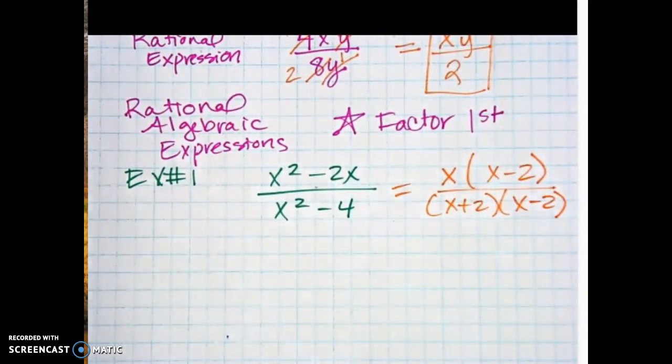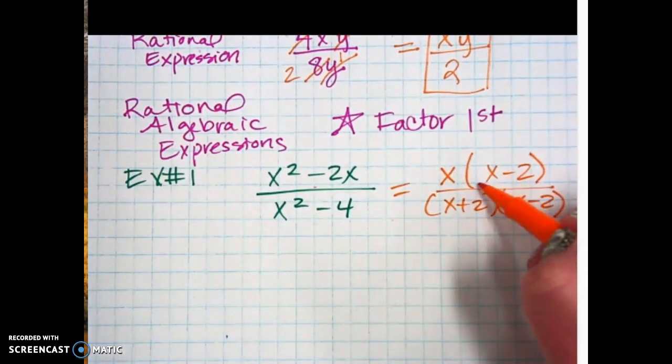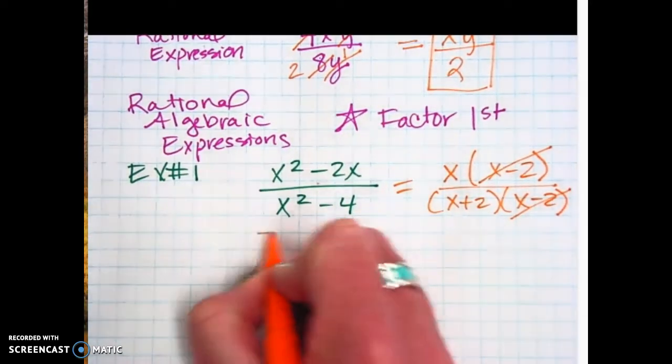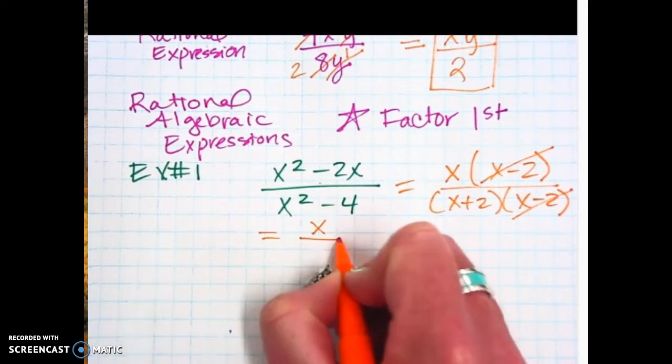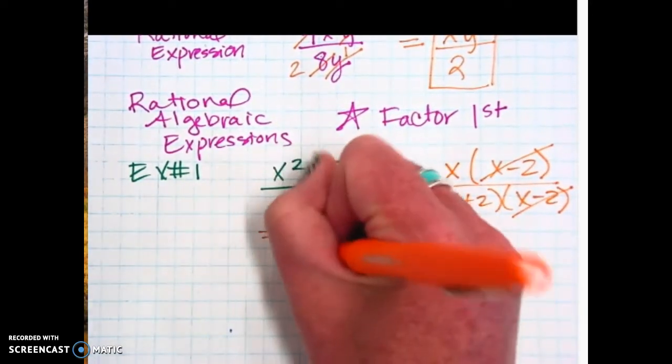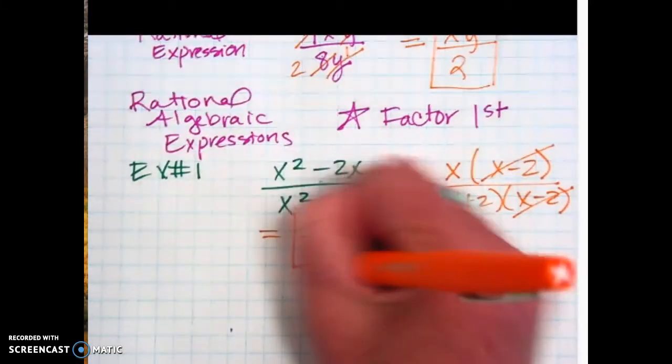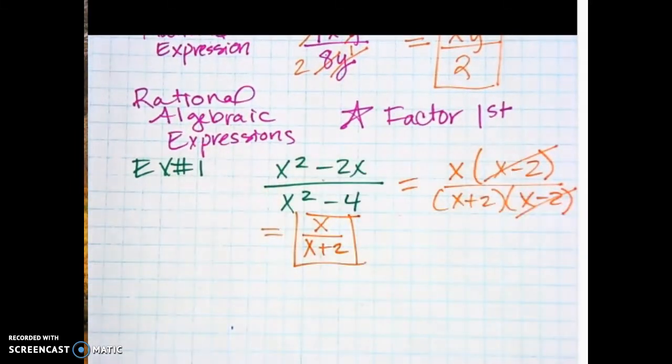Okay, so from here you should be able to see what's going to cancel. There's a factor of x minus 2 and a factor of x minus 2. So we are left with x in the numerator and x plus 2 in the denominator. Okay? That's as far as you can simplify it.